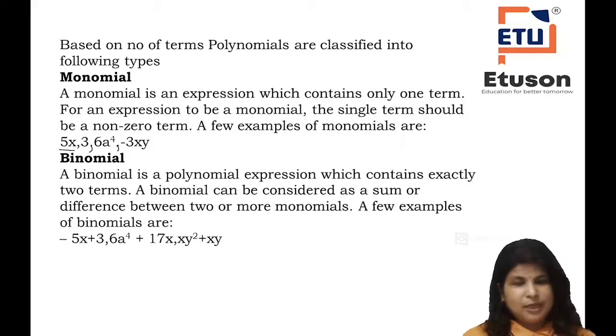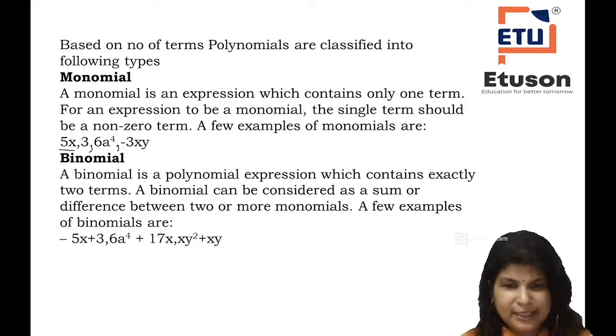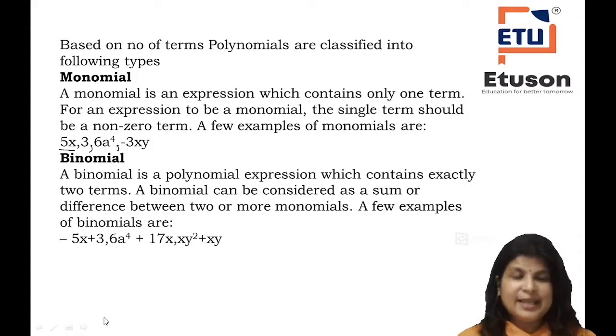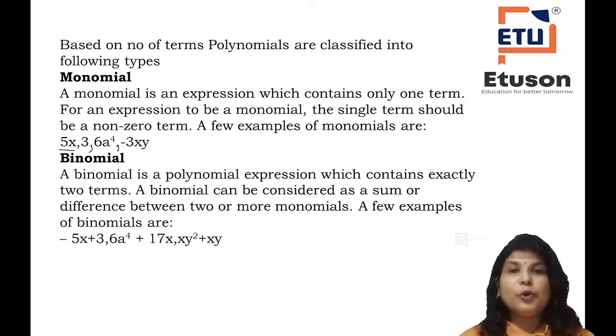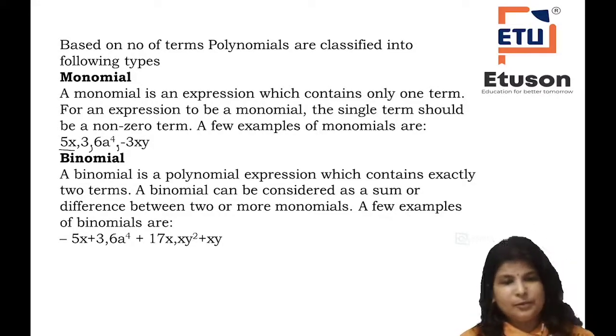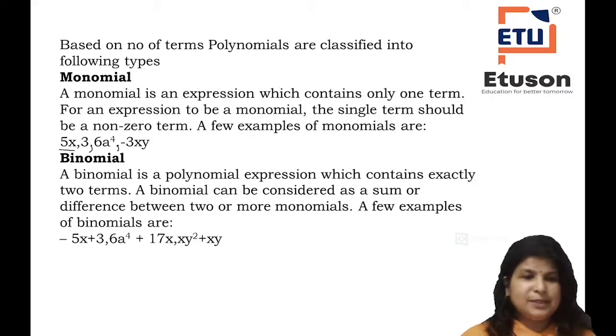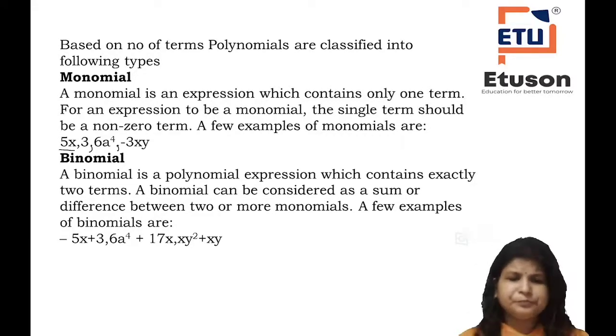Binomial. As the name indicates, it has two terms. A binomial is a polynomial expression which contains exactly two terms. A binomial can be considered as the sum or difference of two monomials. A few examples of binomials: −5x + 3. So always remember there should be two terms.